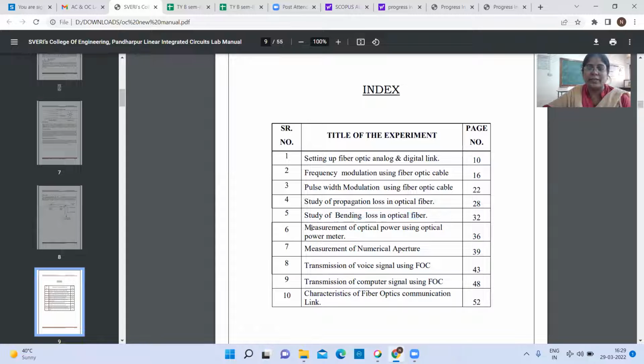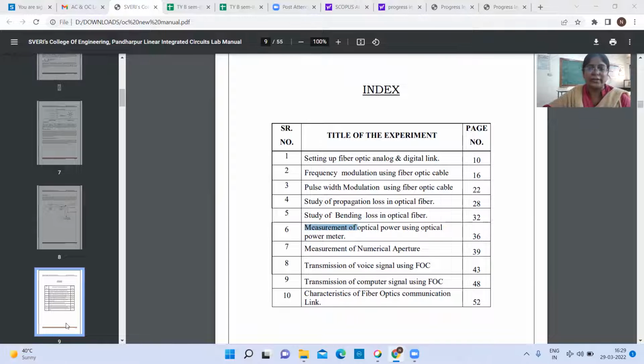Then in experiment number 6 we have to calculate the optical power. So measurement of optical power using the optical power meter. Here we have to measure the optical power.